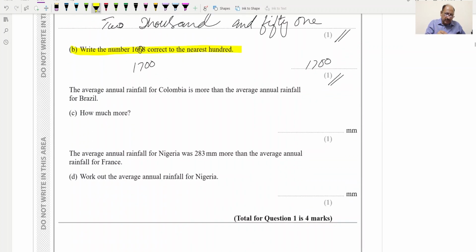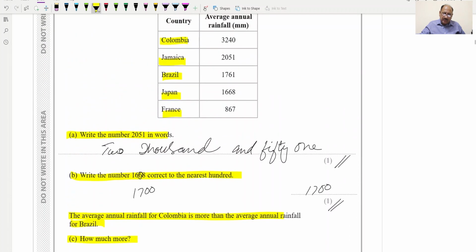One more question. The average annual rainfall for Colombia is more than the average annual rainfall for Brazil. How much more? We need to check Colombia and Brazil, which we have to compare.